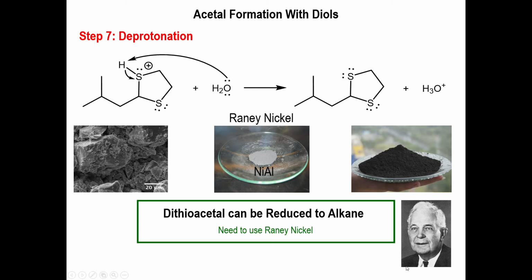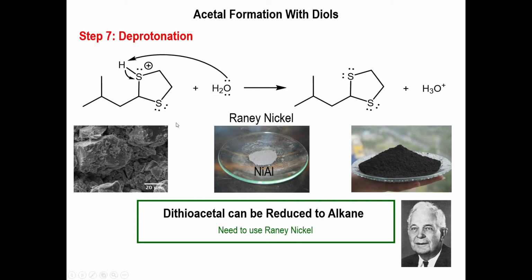Basically, it is a combination of nickel with aluminum, which has plenty of electrons to be donated, right? These two things really want to oxidize and donate electrons. So the nickel aluminum combination is what is known as Raney nickel, and it is rather pyrophoric. So you have to be careful with that stuff.